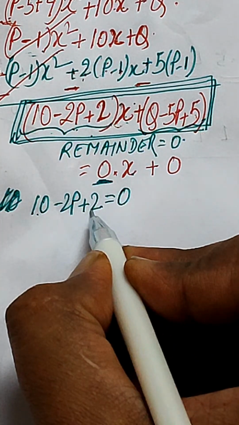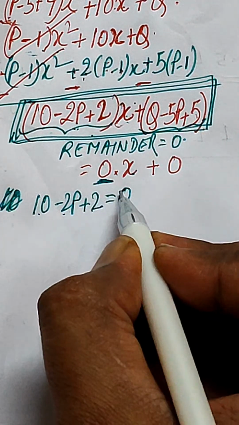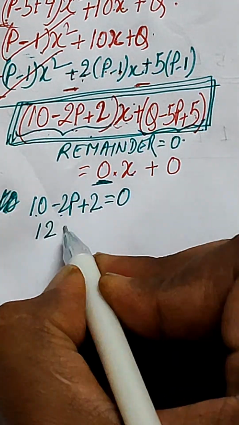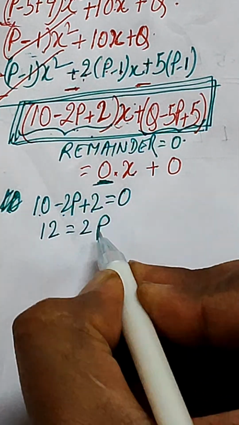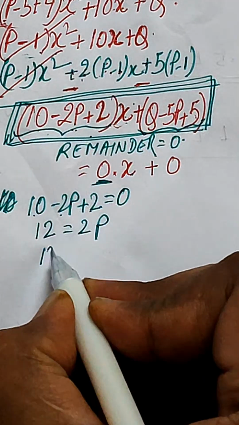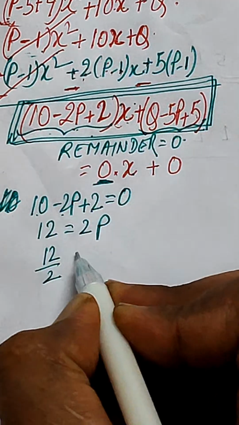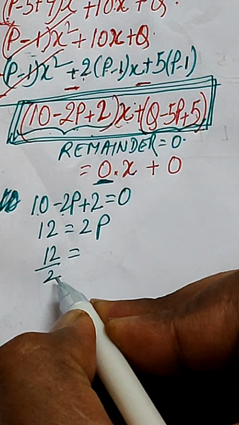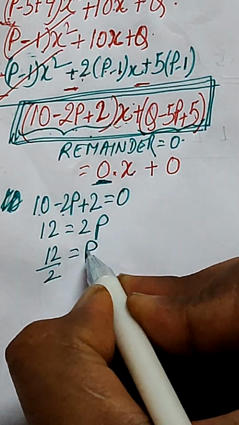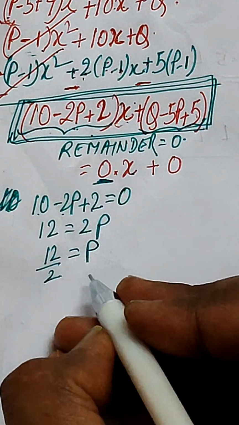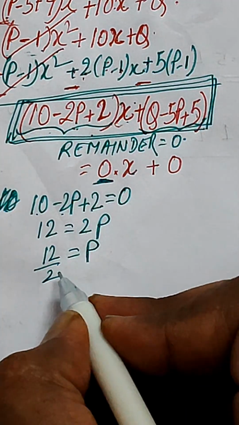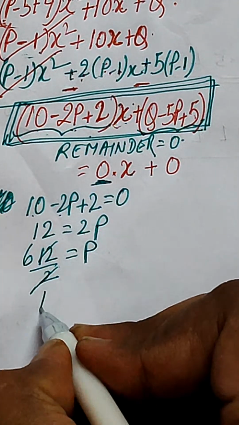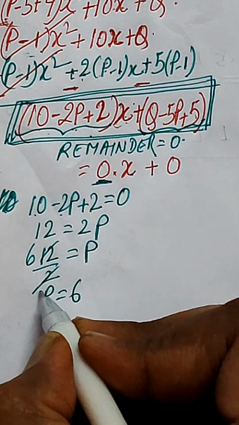10 plus 2 is 12, and when 2p comes to the RHS, it will be 12 is equal to 2p. When you further divide this 12 by 2, because the 2 of the RHS will come into the denominator of the LHS, this will give you the value of p. 2 sixes are 12, so this will give you the value of p as 6.